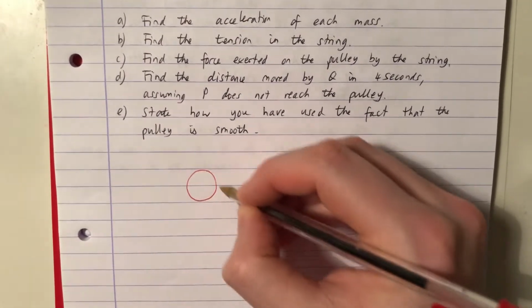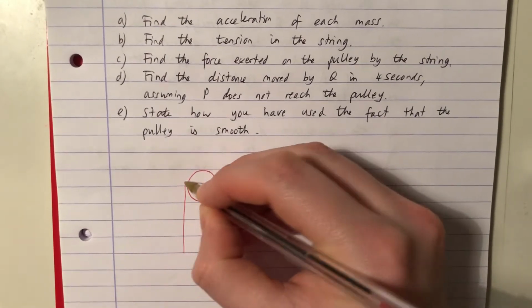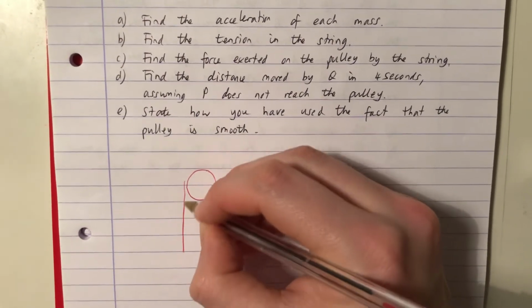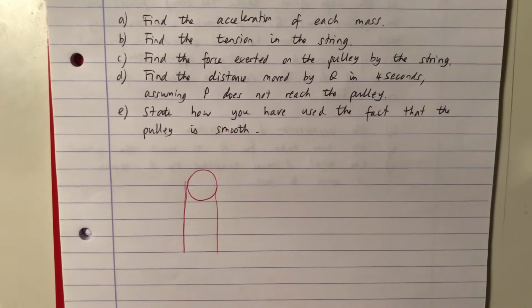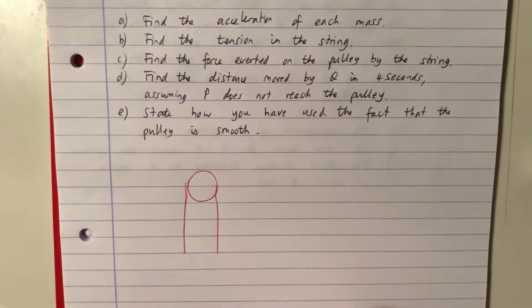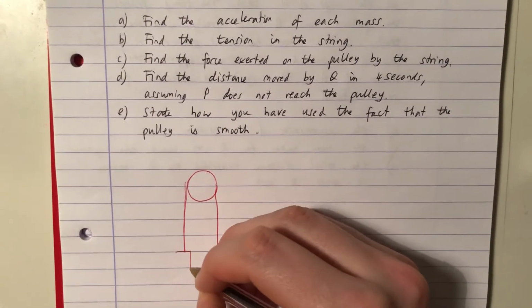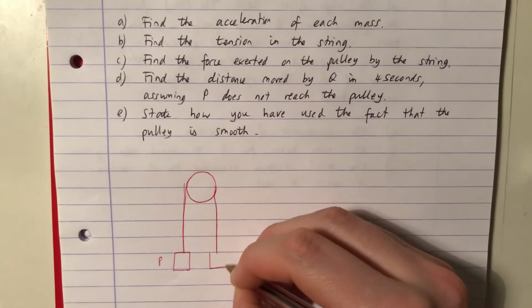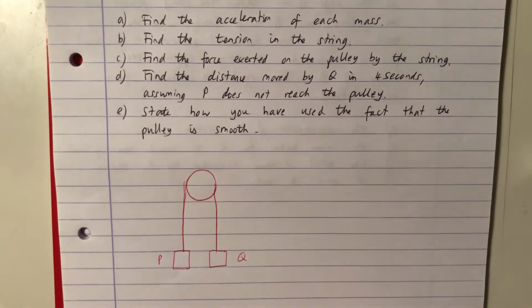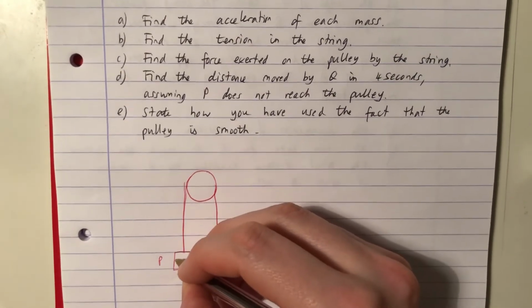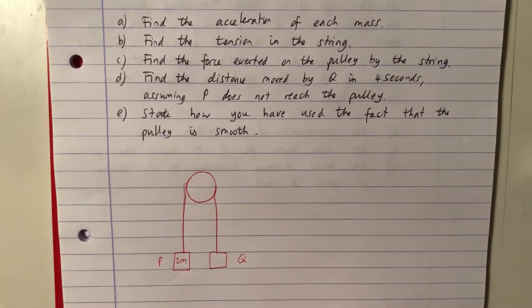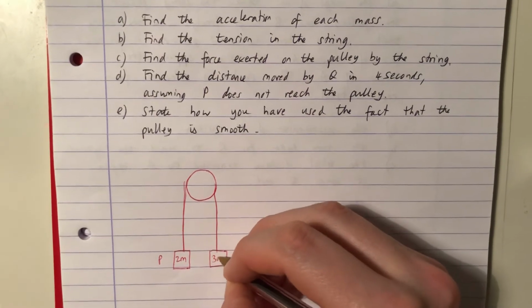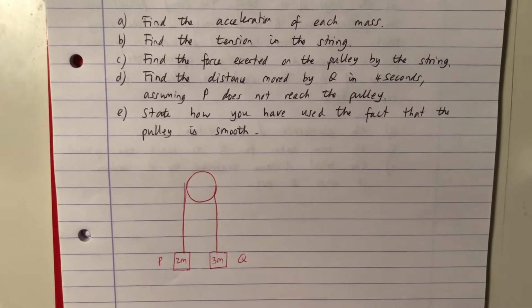The string's going to hang over the pulley, like so. And then you've got two objects. That one's P. Second object, Q. This has a mass of 2m. This has a mass of 3m. And that's pretty much all we're told.